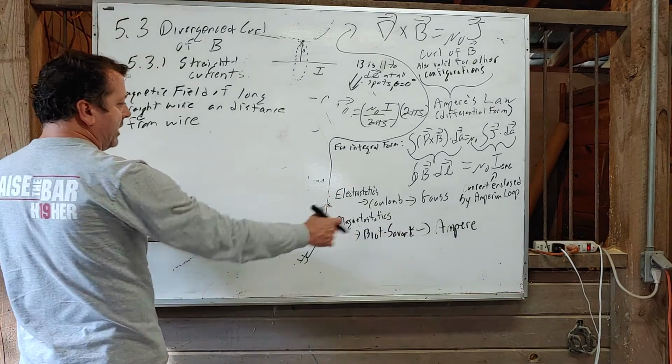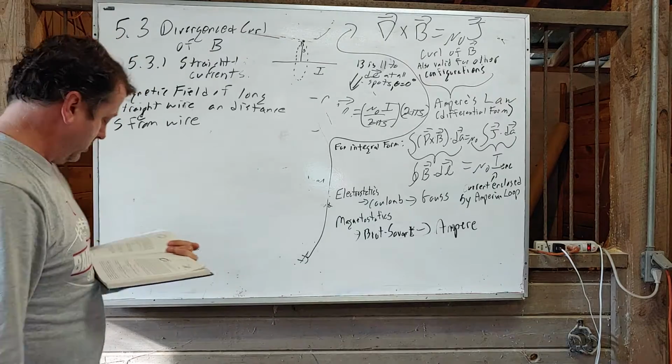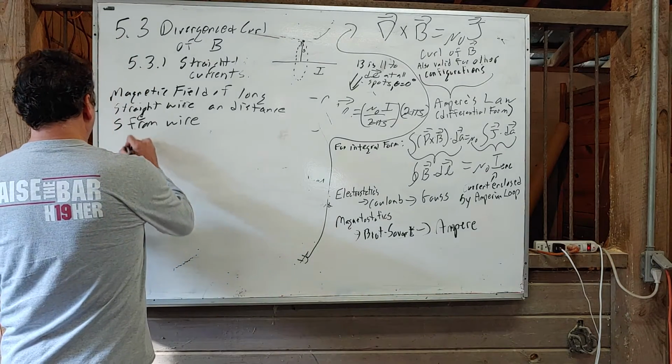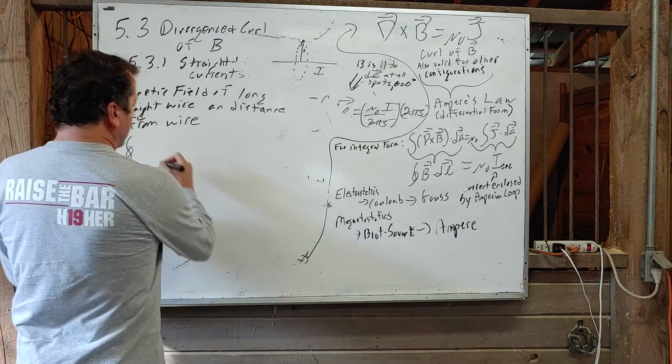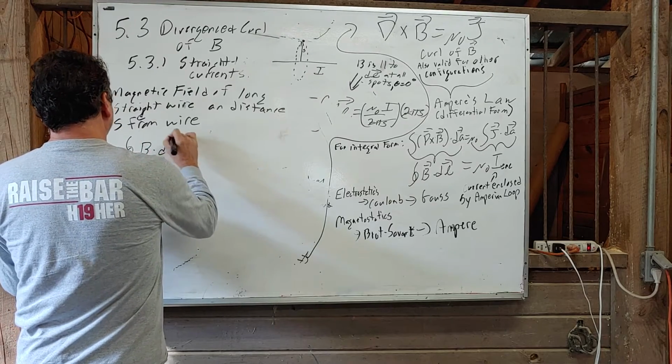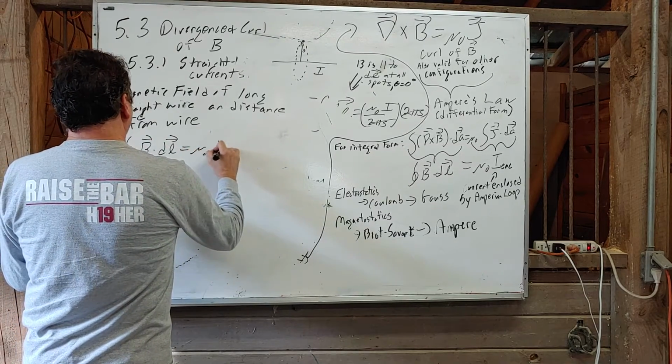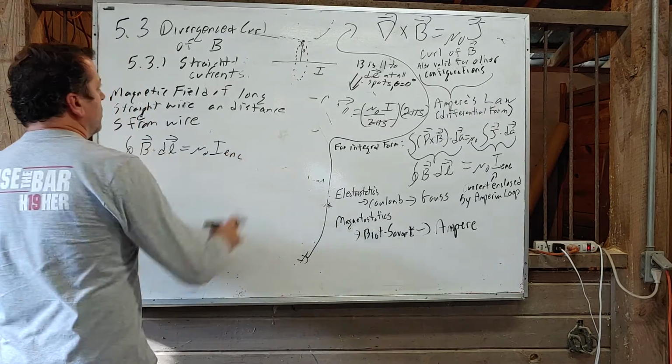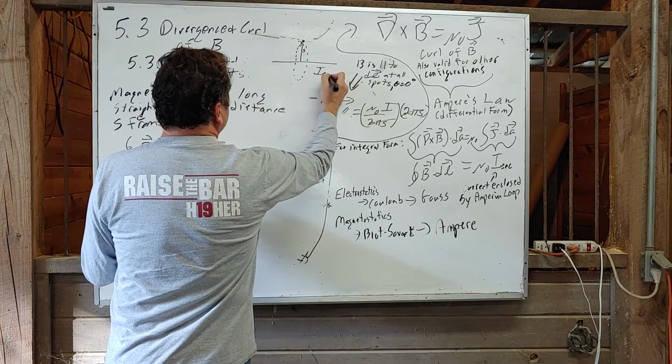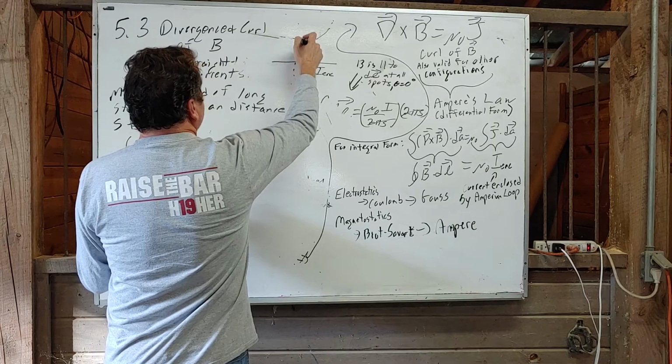We just take that equation, do it like Gauss's law. And so, B dot dl, for I enclosed. Well, we're still using this picture. This is now the current enclosed. Here's s.